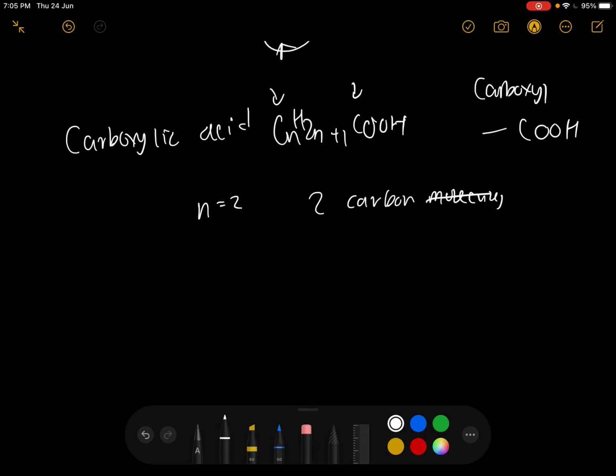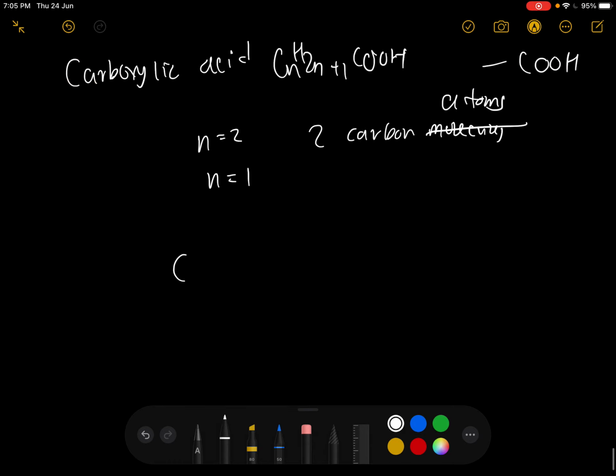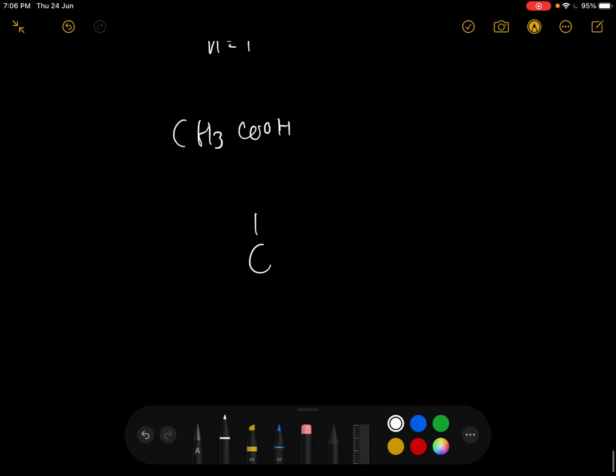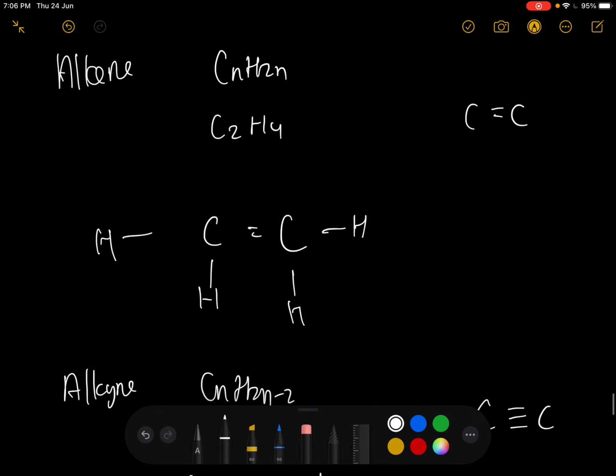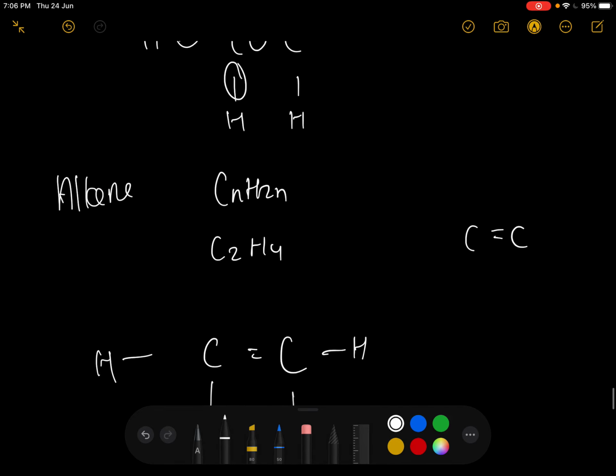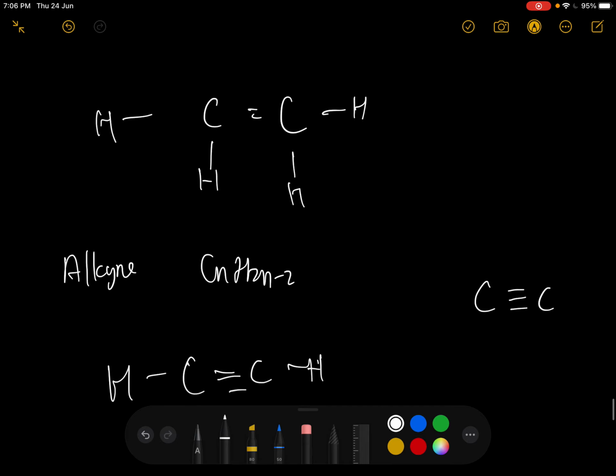If I want 2 carbon atoms in my carboxylic acid, then my n has to equal 1. So to draw it, CH3COOH: H, C, double bond O, OH. And that's basically how you draw easy carbon compounds.